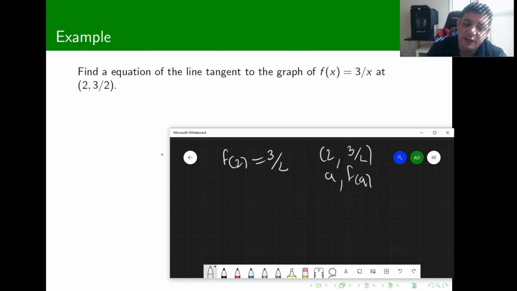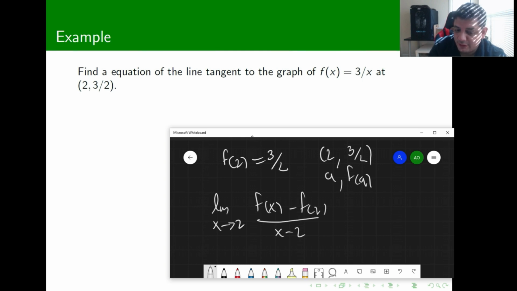Okay. So now what we'd like is to calculate the limit when x goes to 2 of f of x minus f of 2 over x minus 2, which is the change in the function over the change in x. So now f of x is just 3 over x, and this is going to be 3/2 over x minus 2.